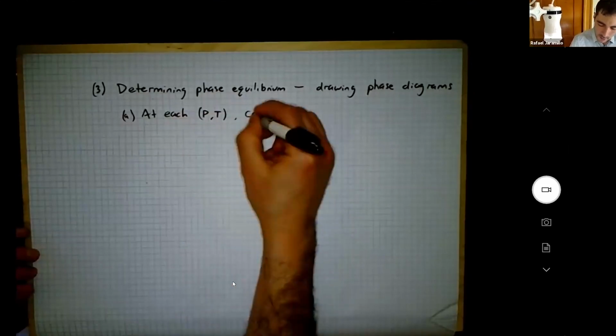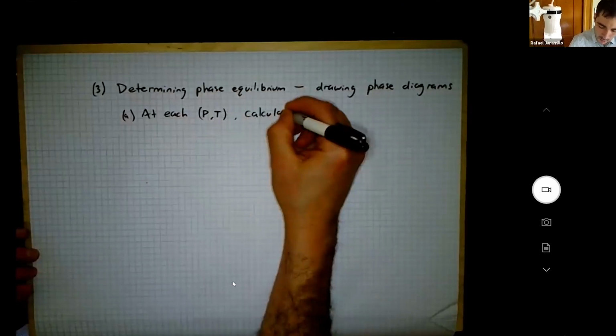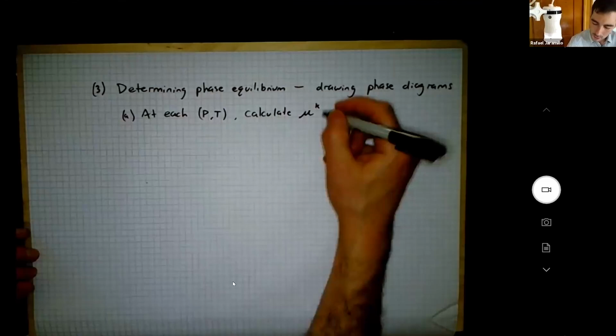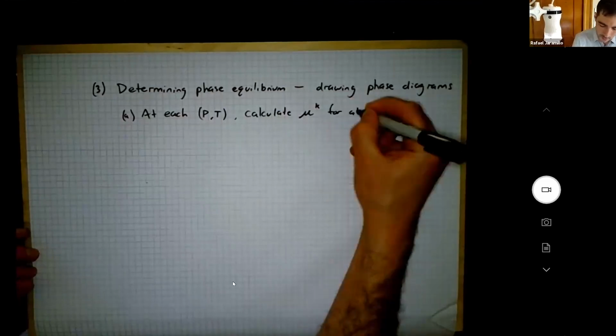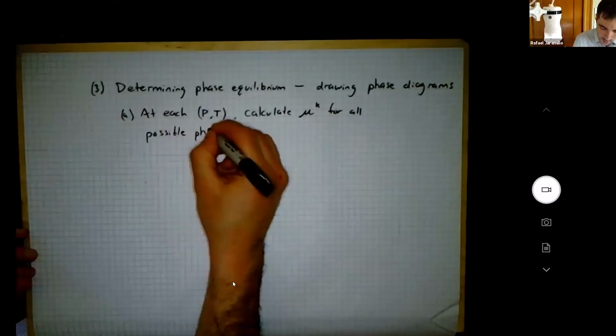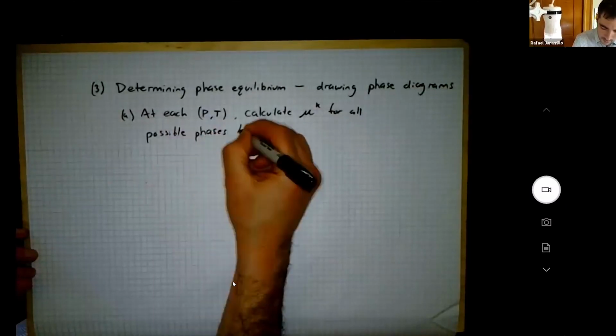calculate mu for all possible phases. Right, K is the phase label.